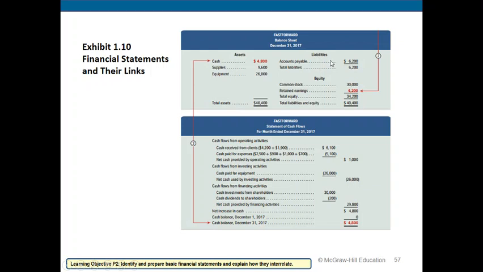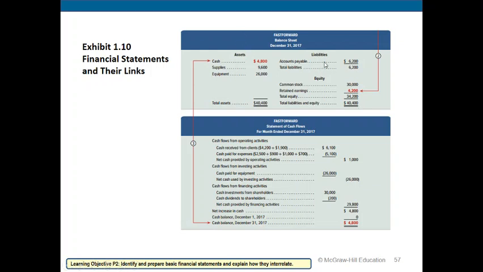Over here, we have liabilities of $6,200. That's our only liability. And then equity, we have our common stock of $30,000. We have our retained earnings of $4,200. So total equity is $34,200. If we add that to the total liabilities of $6,200, we also get $40,400 on the right side of this equation.